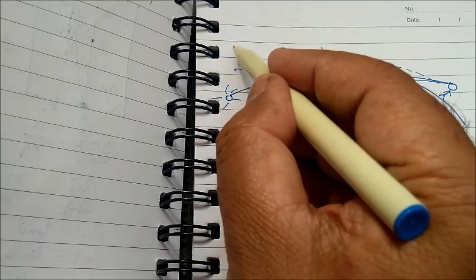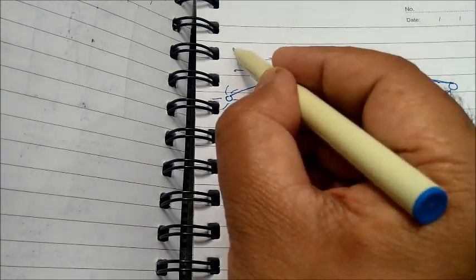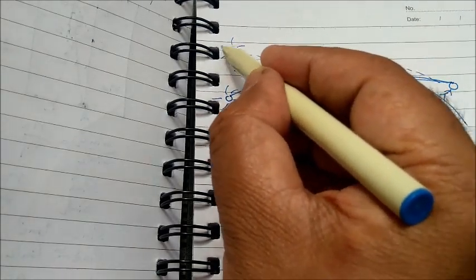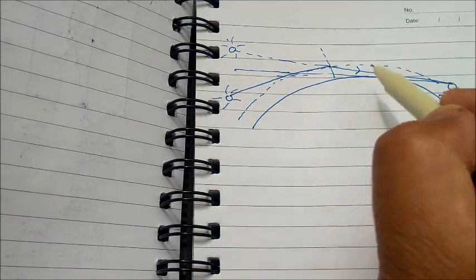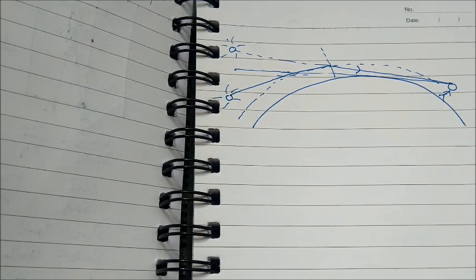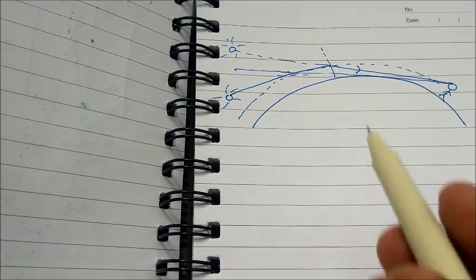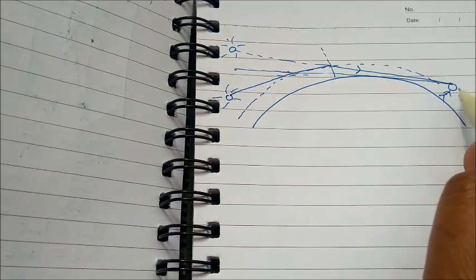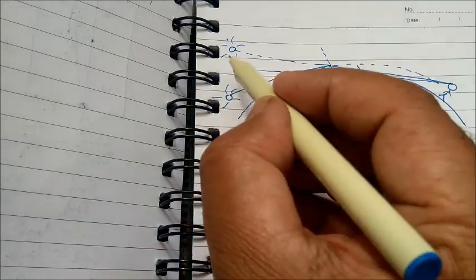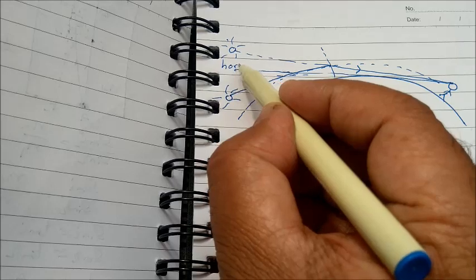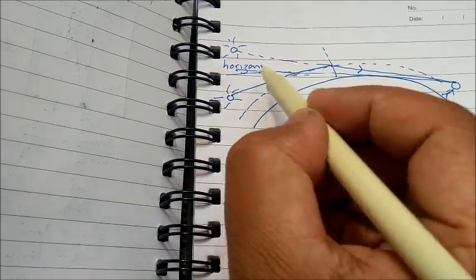So the person sees the sun at this position. So because of this, the person can see the sun even when it is actually below the horizon.